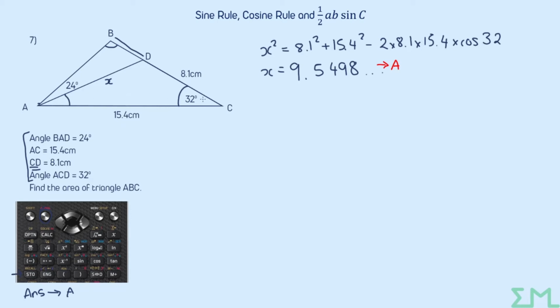So we're going to come back down to this triangle at the bottom, and we're going to look and go, okay, well, we've got a side and an angle opposite, a side and the angle we want opposite, so I'm going to call this a y, so we can use the sine rule.